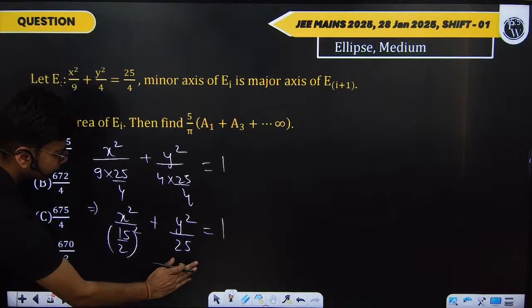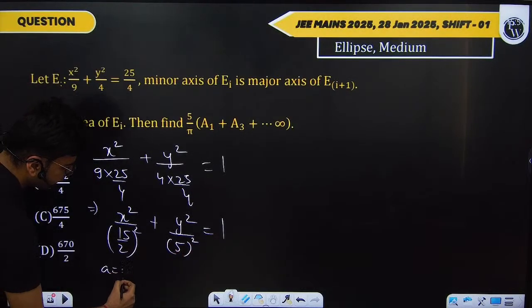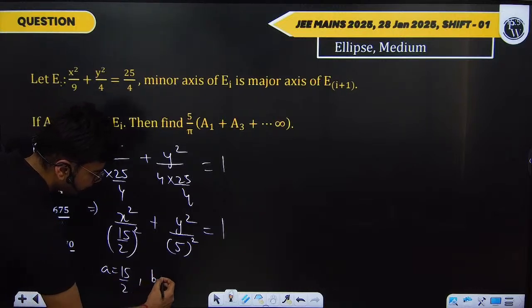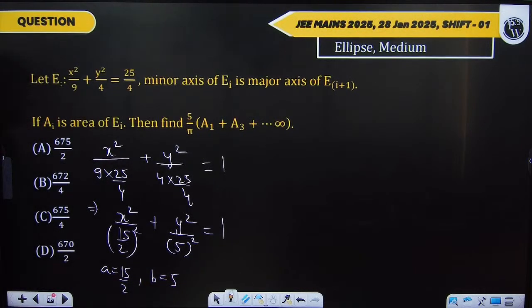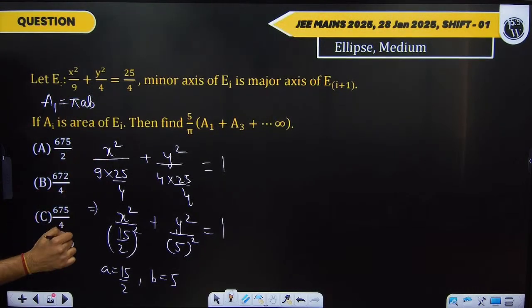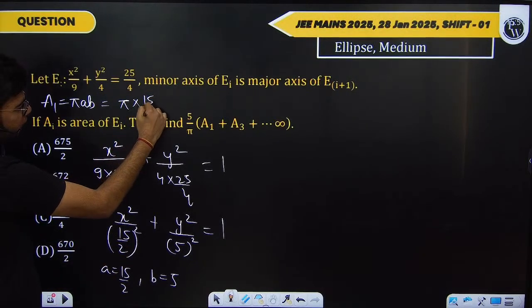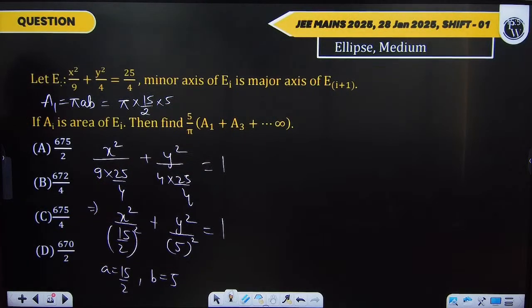So this can be written as 5 square. So your a is coming out as 15 by 2, b is coming out as 5. You can definitely find the area of first ellipse. Area of first ellipse will be pi ab, which is pi into 15 by 2 into 5, which is fine.